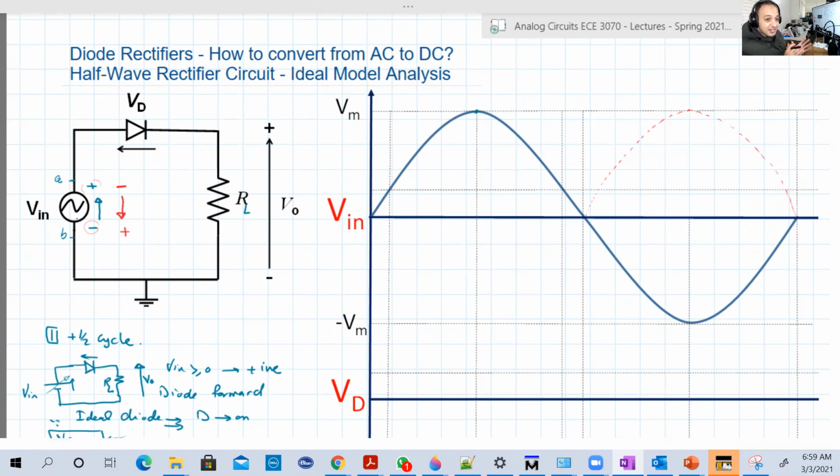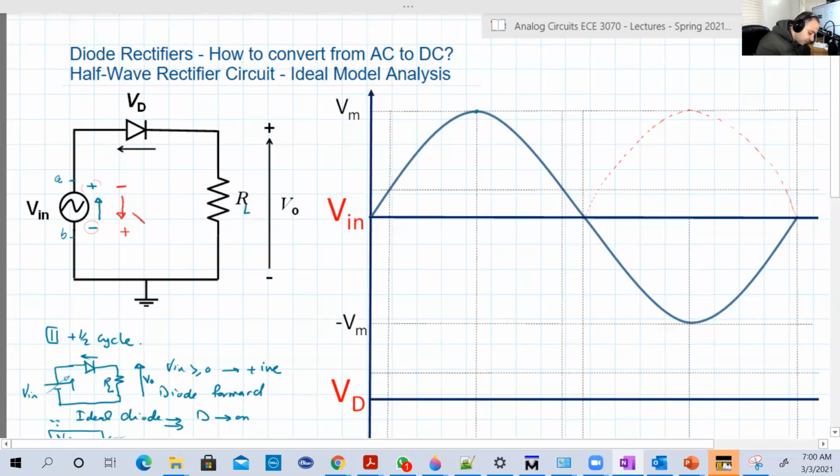So in both half cycles, you will have positive voltage, but one is negative at B, positive at A in the first half cycle, and another one that has positive at B and negative at A. And when you do that, then the direction of the voltage has flipped. So here we flip the direction and flip the sign of the voltage.